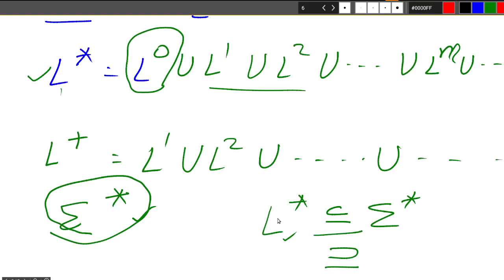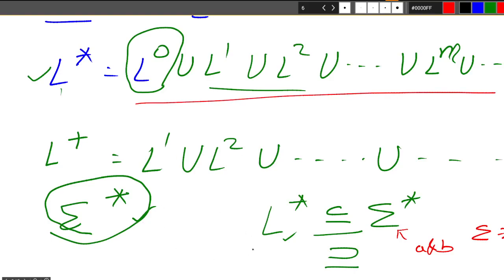Sigma star is the concatenation of strings. Am I right? No, you told me I am wrong. Sigma star is all possible strings with A and B, if sigma had two symbols A and B. And L star is concatenation of L, only L, many times.